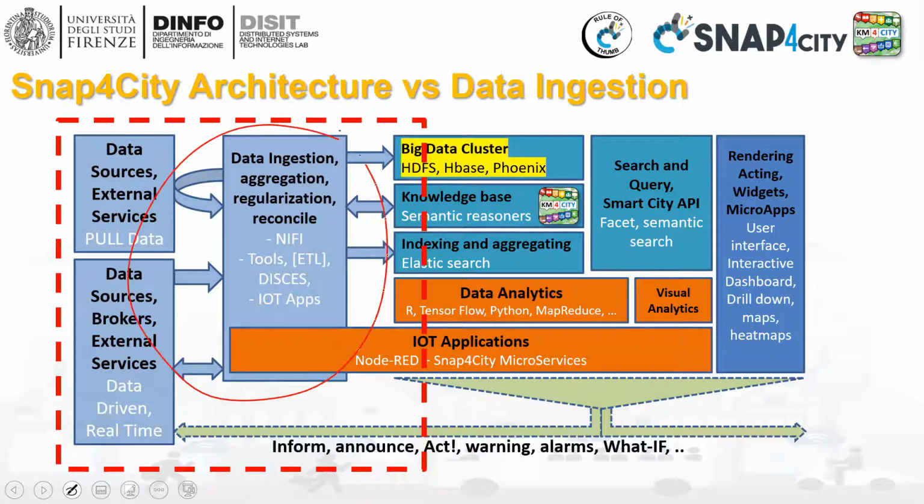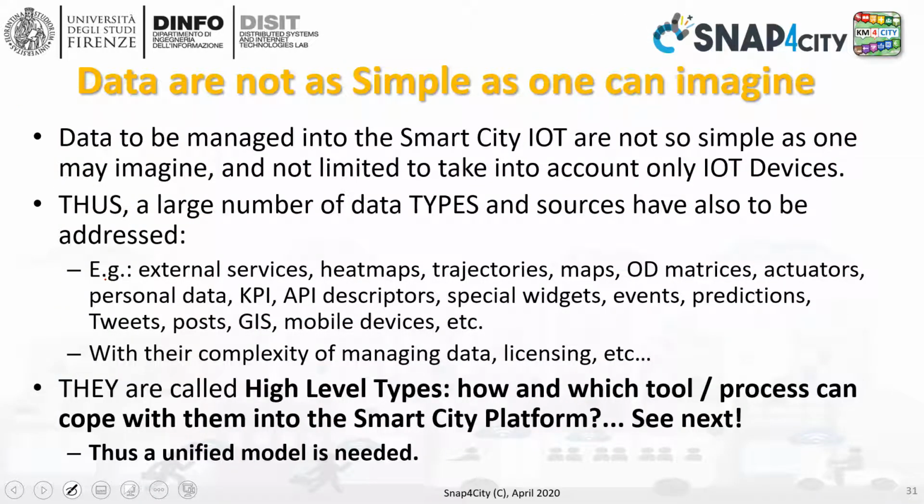Data in general are not so simple as one can imagine. A lot of data arrive in the platform. A large number of data types and sources have to be managed.